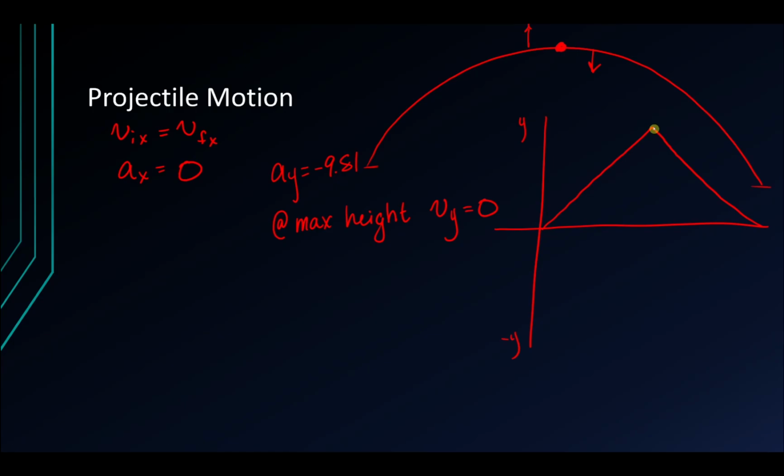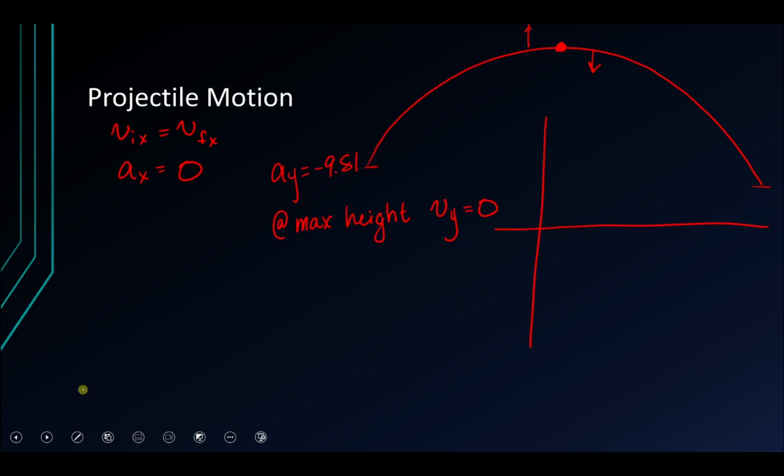I know that the slope of this line is going to be my velocity. So at this top point, my slope is equal to 0. This means that my velocity is equal to 0. I also see that the slope on the left-hand side is positive. The slope on the right-hand side is negative, meaning that I am changing directionality here.